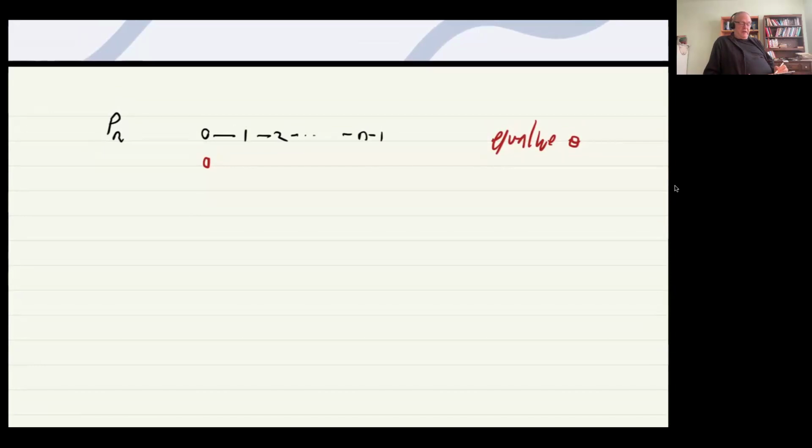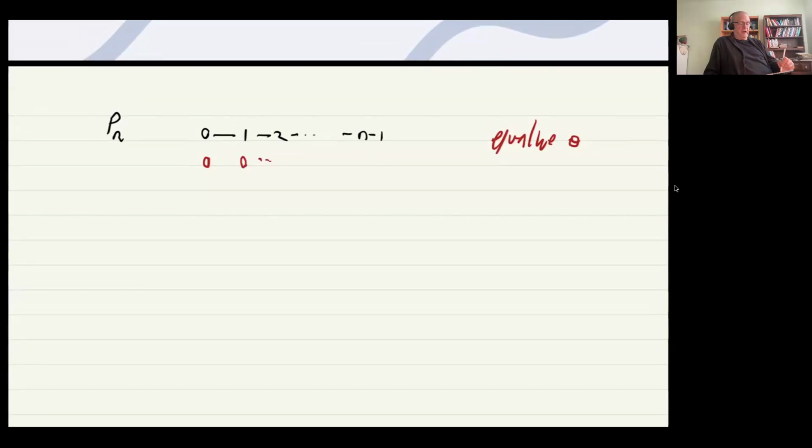So theta times 0 is 0, so the sum of the weights of the neighbors of this vertex must be 0. That means this must be 0, and so it's turtles all the way down. So there's no eigenvector for P_n that is 0 on the first coordinate.